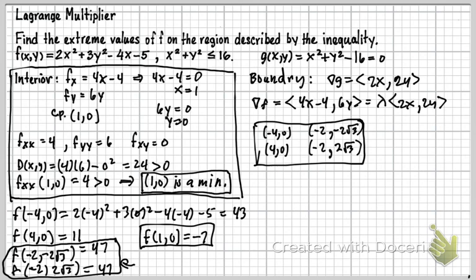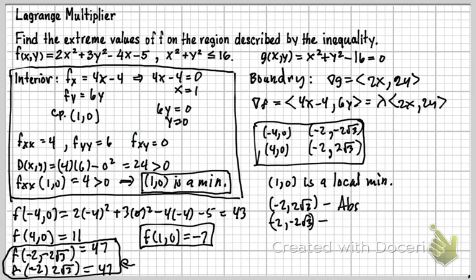So I would say 1, 0 is a local min. And I would say negative 2 square root of 3, and negative 2 square root of 3 are absolute maxes.